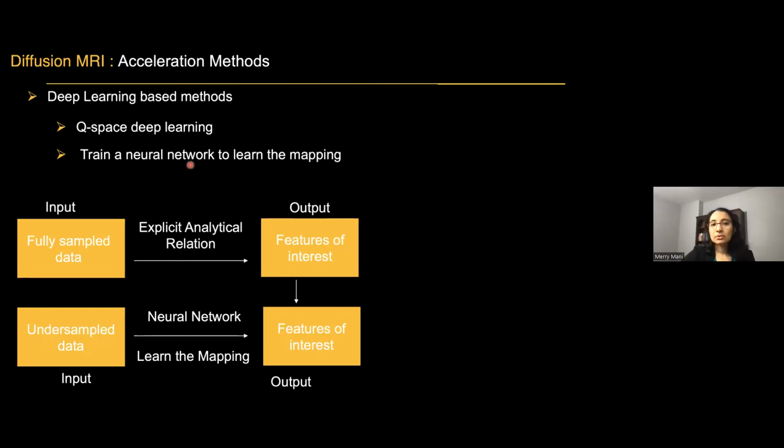You make use of a neural network to learn some mapping. So if you have fully sampled data and you can come up with the features of interest that you are interested in reconstructing, then you can use those features of interest and train a neural network such that the input is the undersampled data and the output are the features of interest. So the neural network will learn that mapping and will help to accelerate the acquisition.